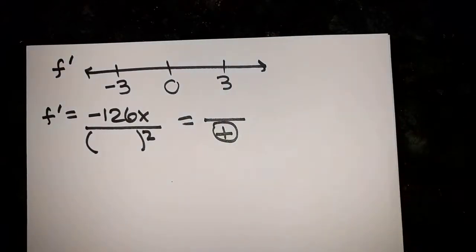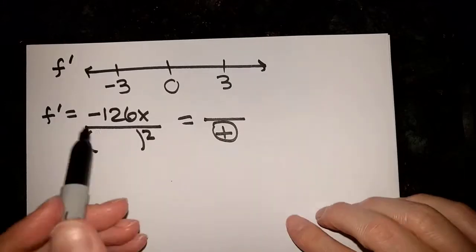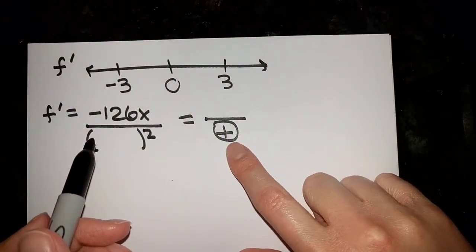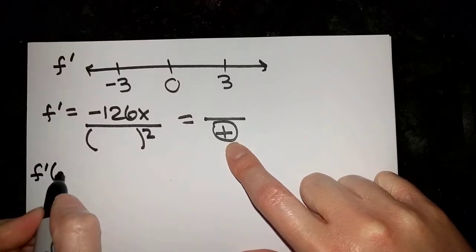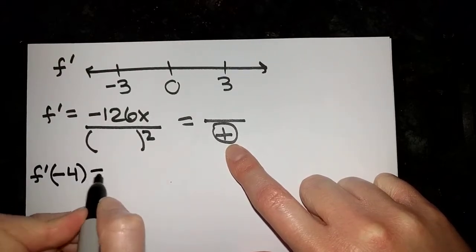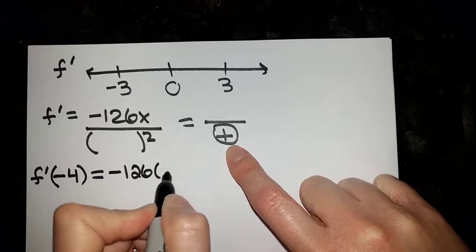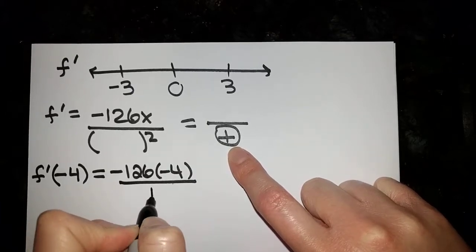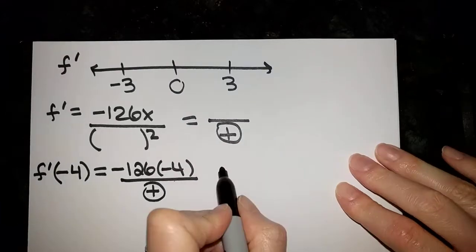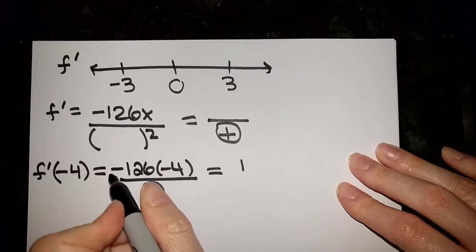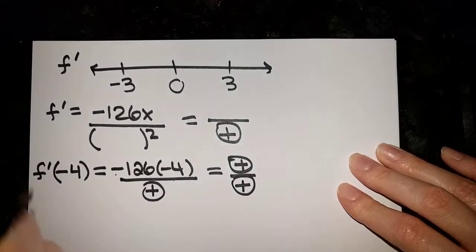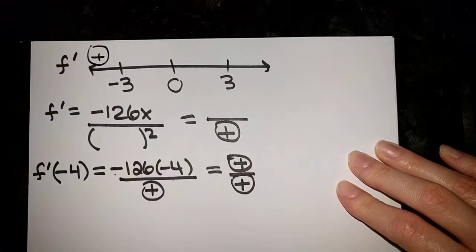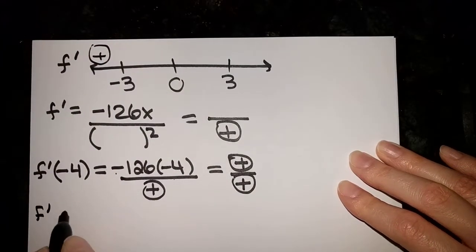So to ease your computations here, you really just want to plug into the numerator and keep in mind that the denominator is positive. All right, so to the left of negative 3, let's say I plug in negative 4. Okay, so I get negative 126 times negative 4 over this positive denominator. And the numerator here is going to be a negative times a negative, so that gives us a positive over a positive.